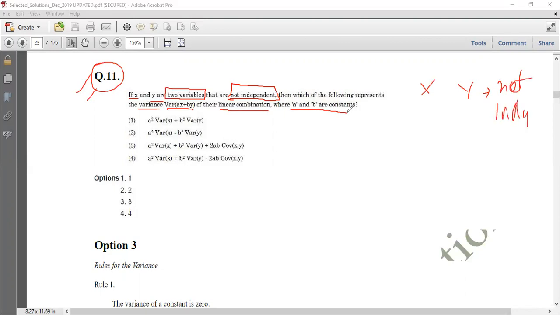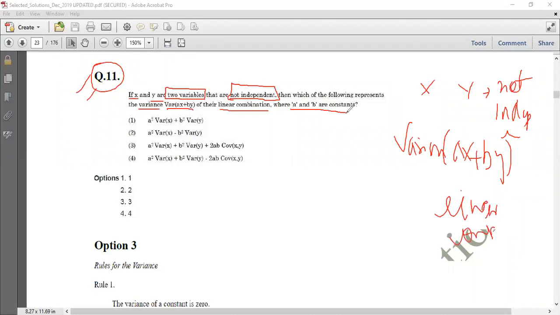And we are asking about the variance of ax plus by, which is basically their linear combination, where a and b are the constants with which x and y have respectively been multiplied.